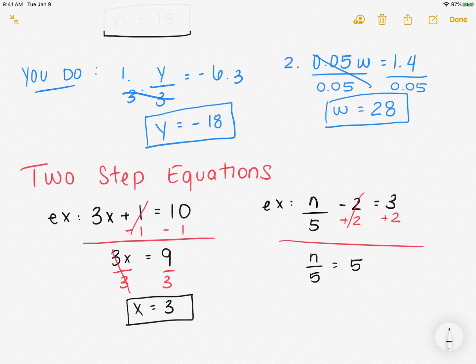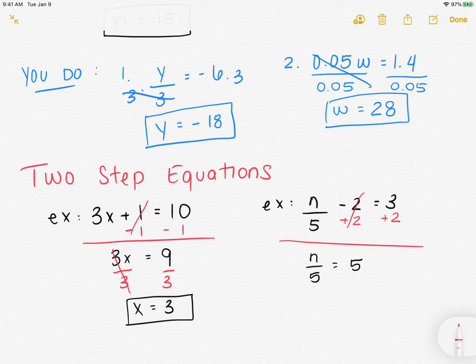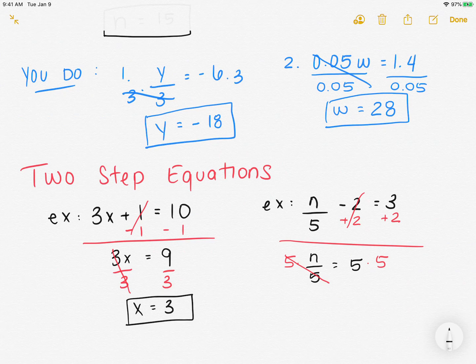And now I have to get rid of that n divided by 5. So in order to get rid of it divided by 5, the opposite of division is multiplication. So multiply on both sides. Just going to cancel that 5 out. And leave me with n equals 5 times 5 is 25.